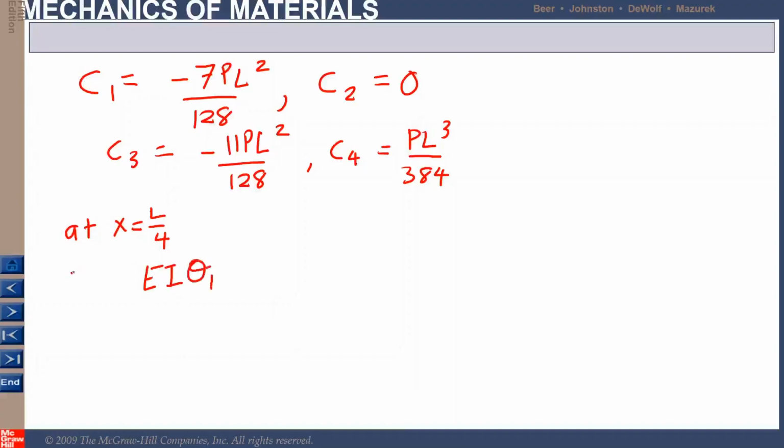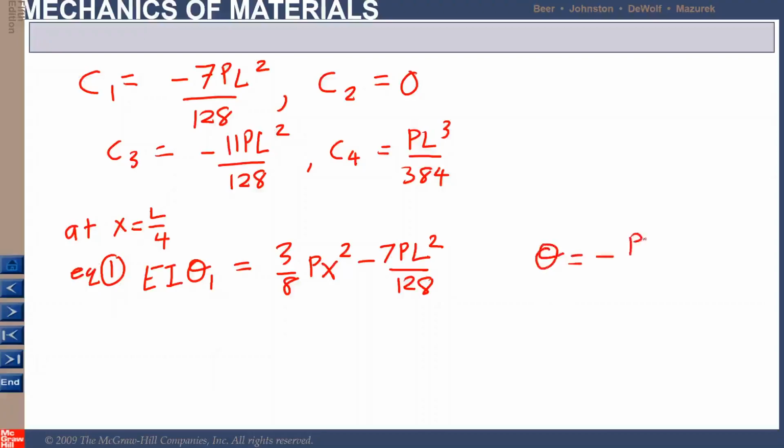From equation 1, it is 3 over 8 Px square minus 7PL square over 128. Then we put the value of L over 4 into this x here, and we will get theta equal to minus PL square over 2 EI.